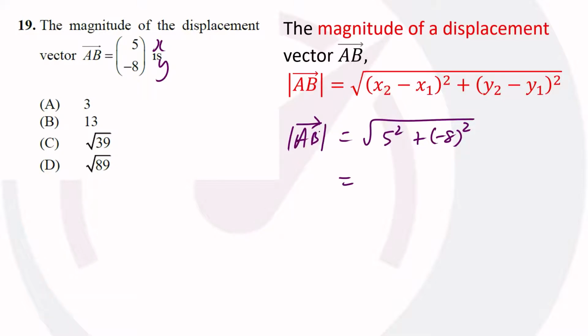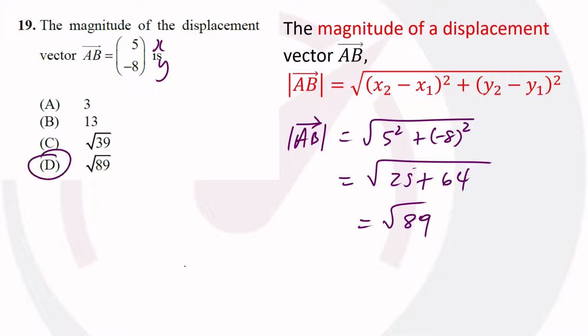I'll try to slow down. I'm trying to work on the time. I think when the videos are too long, after 1 hour it can get a bit tiresome. Anyway, then this 5 squared is 25 and 8 squared is 64, so we're getting the square root of 89, so our answer is D.